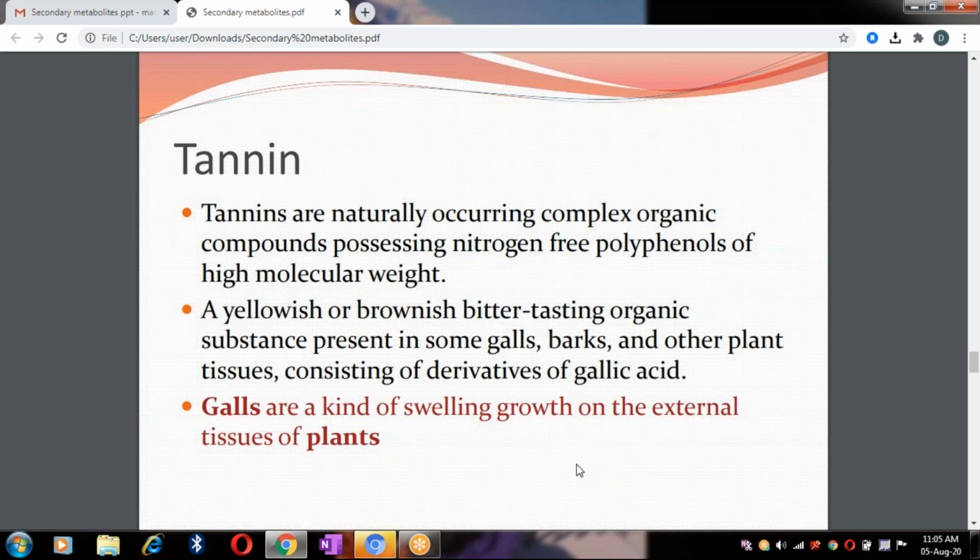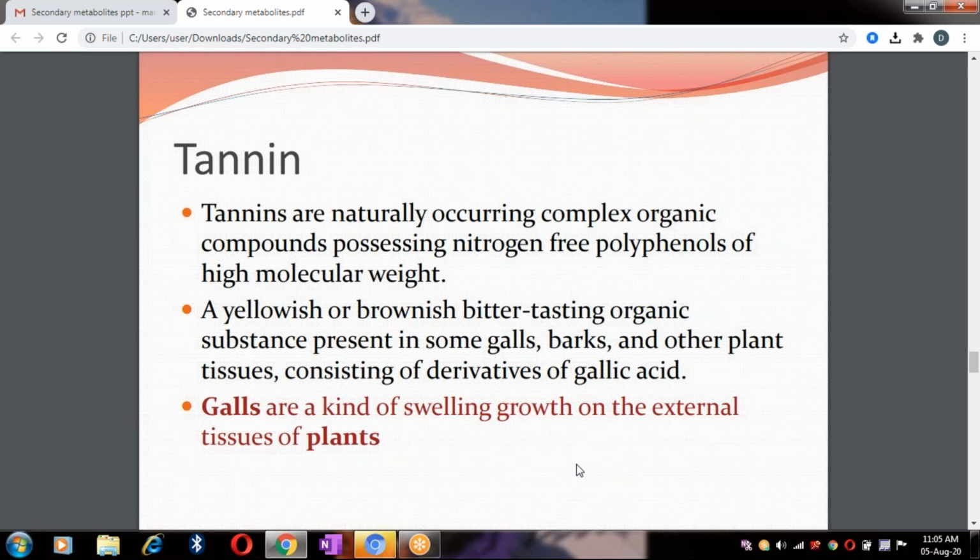If you make a solution, they show an acidic reaction because they have phenols in them. They form colloidal solution in water, but they are soluble in alcohol, glycerin, dilute alkalis. They are practically insoluble in organic solvents except acetone. So tannins are only soluble in acetone.